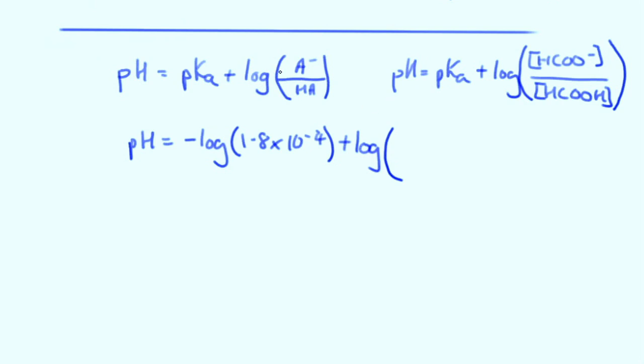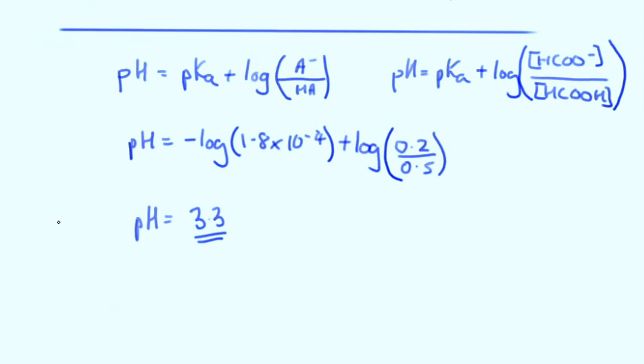Well, 0.2 over 0.5. Okay, so this time we have used an equation, and if you calculate this out, you'll get pH is 3.3.